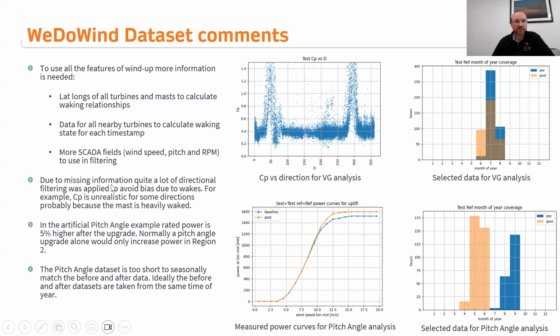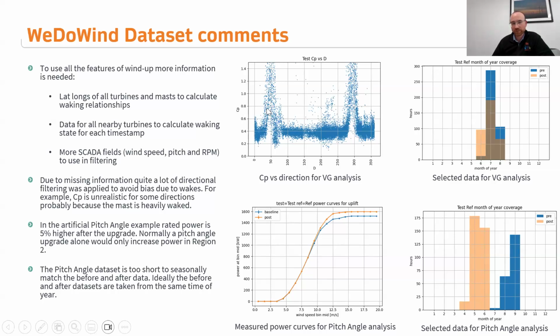So due to missing information, in my analysis I did quite a lot of directional filtering just to avoid bias due to wakes. For example, with the mast data, because of lack of time, I took a very simple approach. I quickly calculated the CP, the coefficient of power that the mast data implied, plotted that versus direction, and I could see that in these sectors where the CP goes unrealistically high, probably that's the mast being in the wake of a nearby turbine, but I'm not actually sure because I don't have the lat longs.